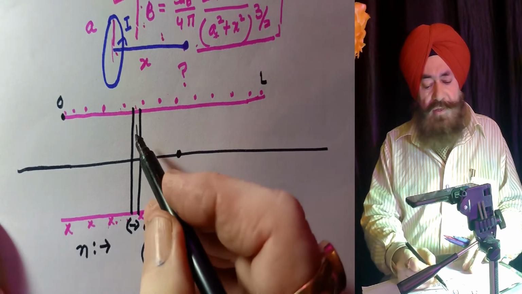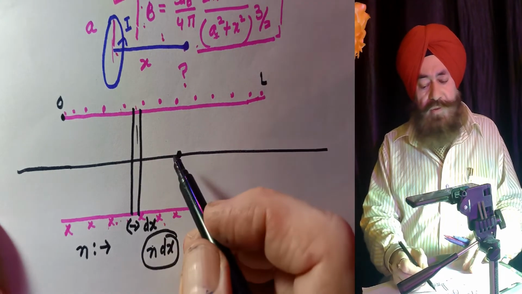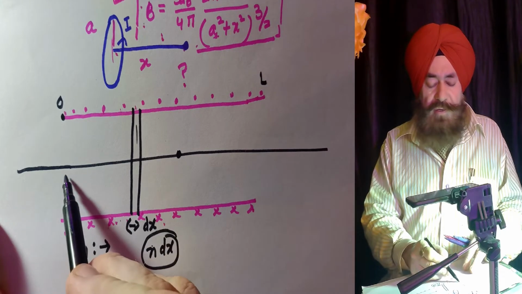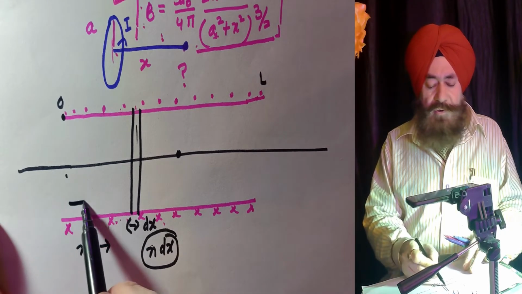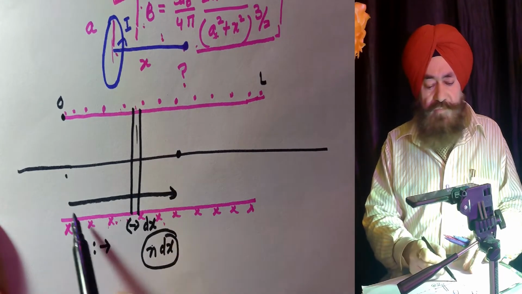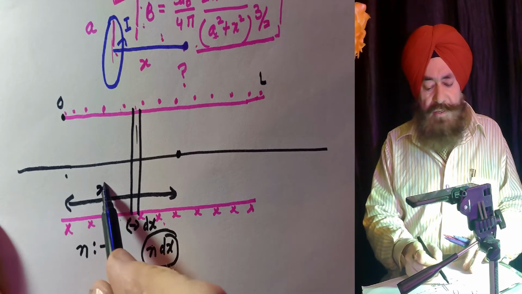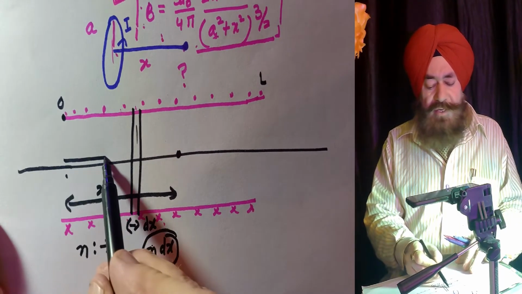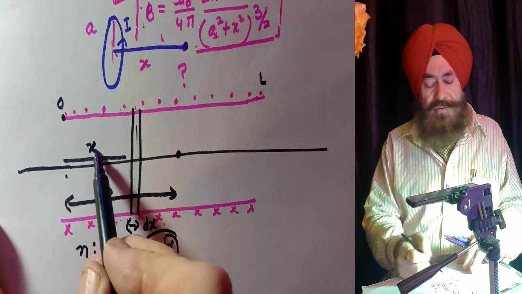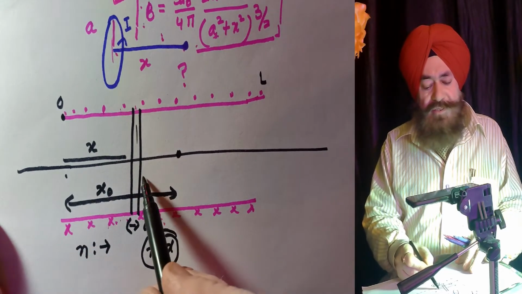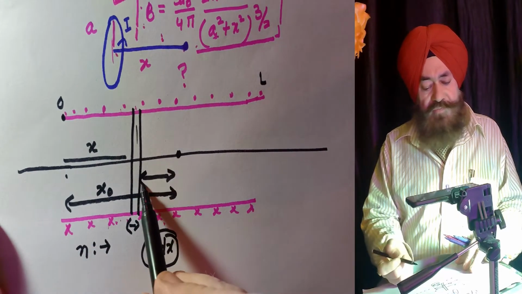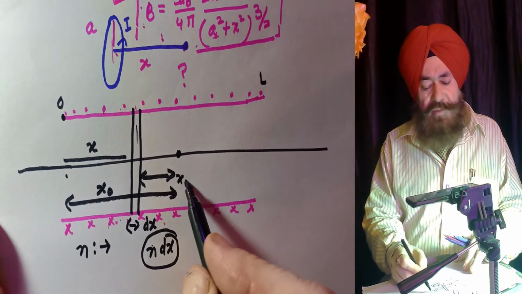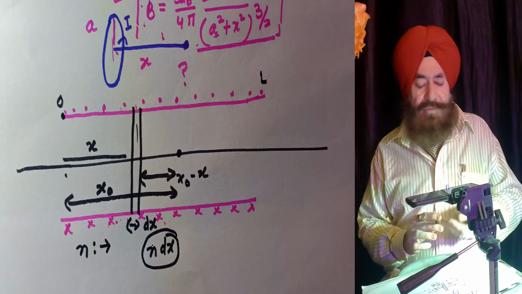From here to the observation point, the distance is x naught, and let this distance be x. Then what will be this distance? Very simple. It is x naught minus x.